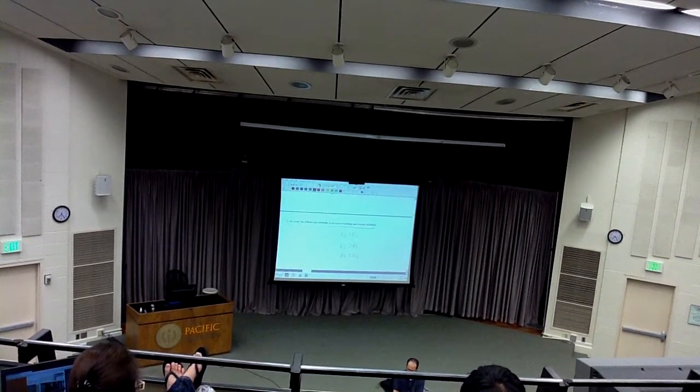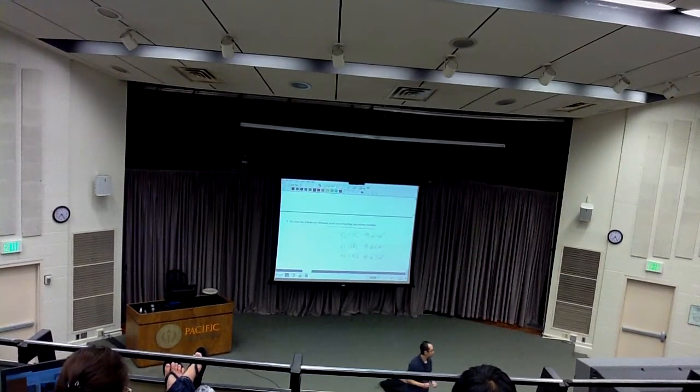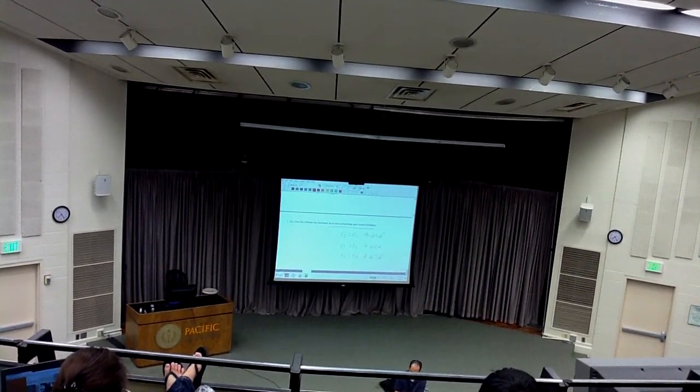And then that will be in terms of alpha: alpha prime smaller than alpha, alpha smaller than alpha prime, alpha bigger than alpha prime. Same thing. And then this is pure. These two are mixed.